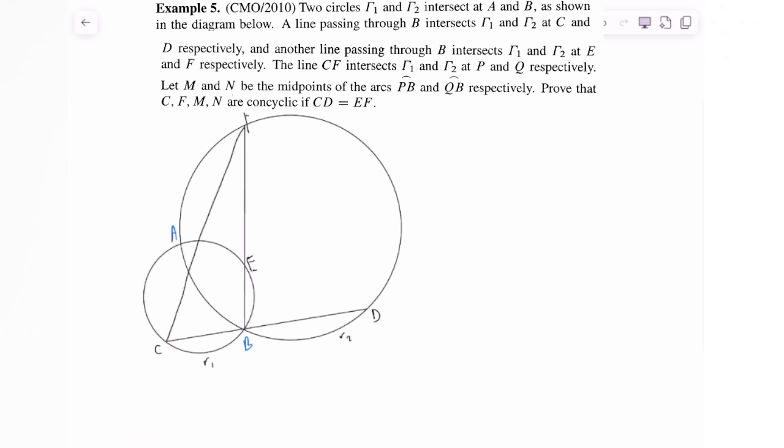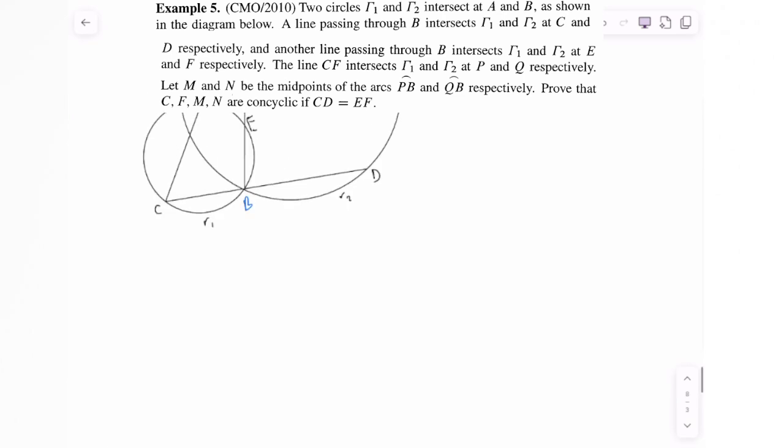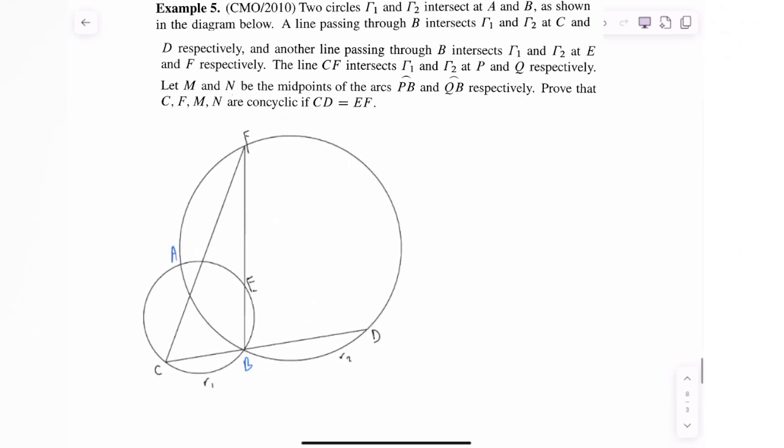So CF, we have P here, Q here. Let M and N be the midpoints of arcs PB. So PB, M is here, N is the QB midpoint, okay.